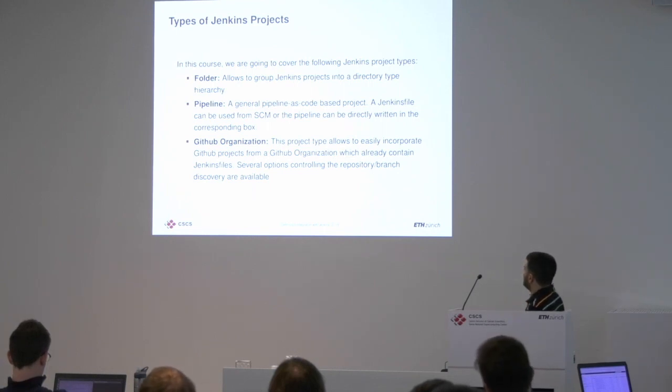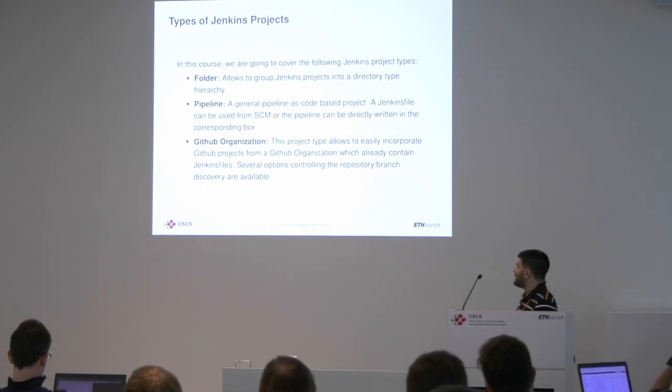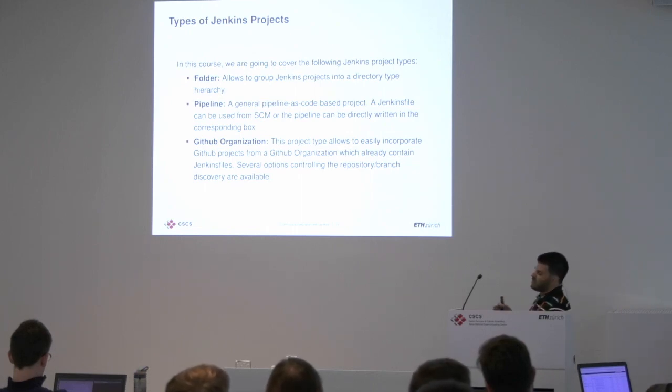This can be used by pulling the Jenkinsfile from the source control management, or can be directly written. You can directly write the build steps that you want in a corresponding text box that Jenkins offers.